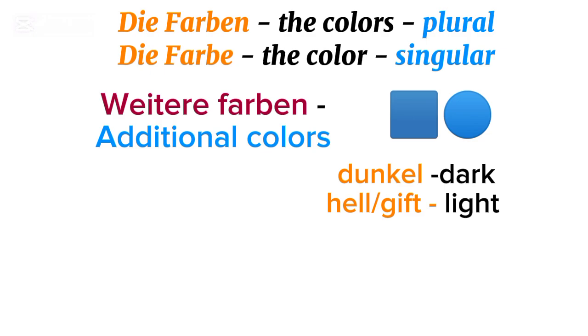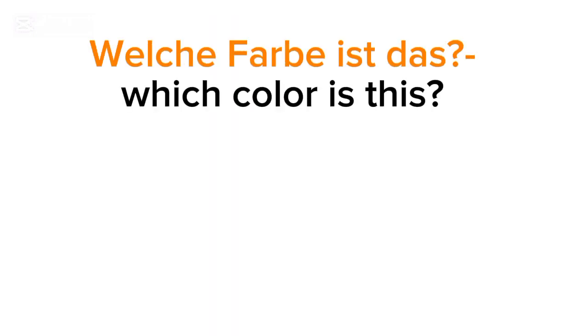Now that you have known all the 20 plus colors, let's ask ourselves a very small question that will help us to construct a very simple beginner-friendly sentence that will help us understand these colors. Zum Beispiel, welche Farbe ist das? Welche Farbe ist das? Which color is this? Maybe you have different colors and now you are asking someone to tell you the exact color that you are having.